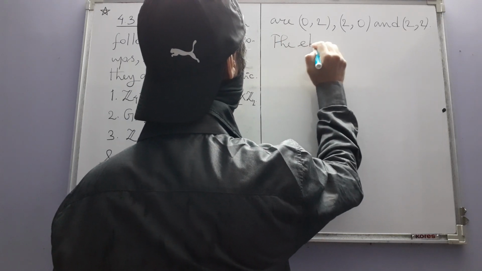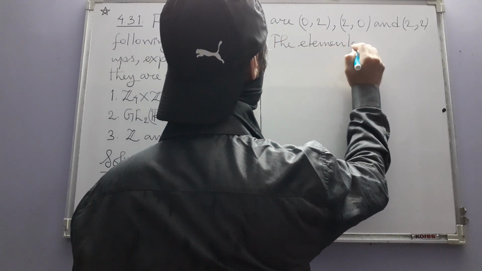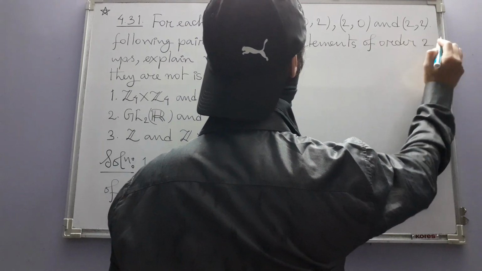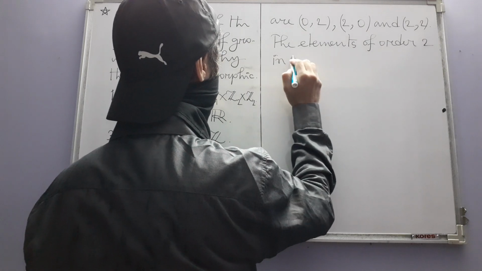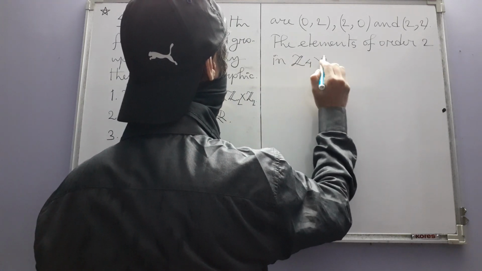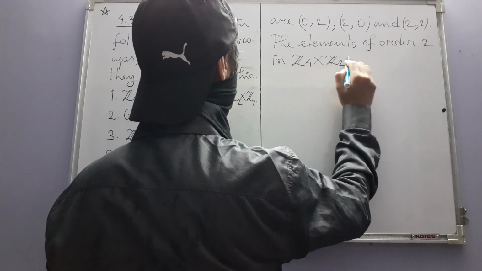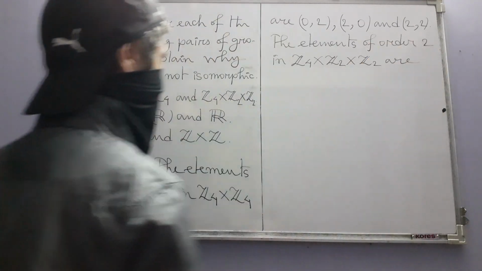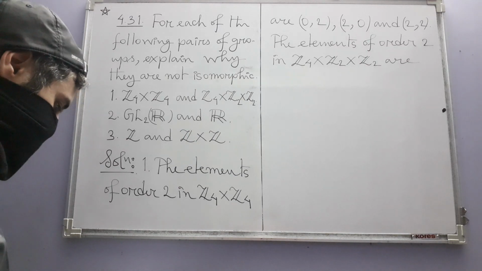Whereas the elements of order 2 in the second group are these elements.